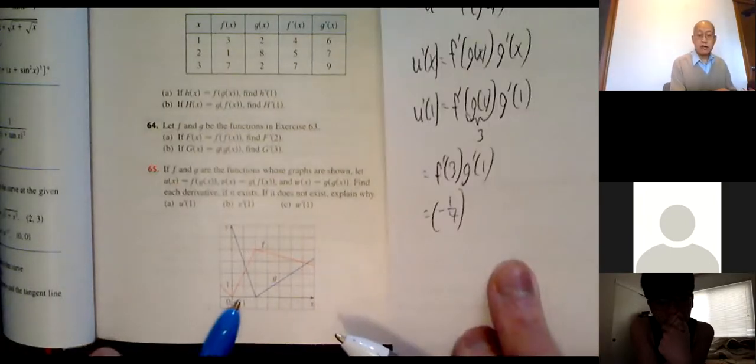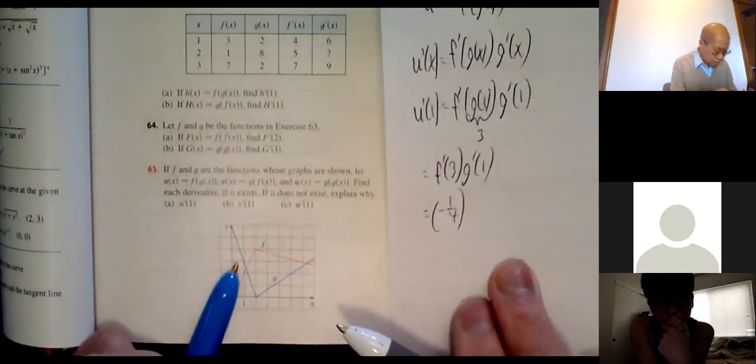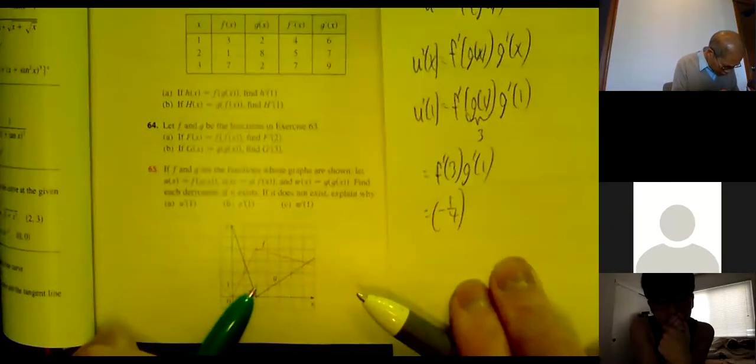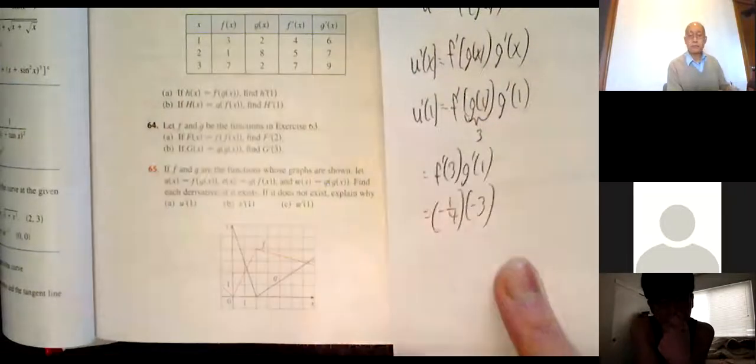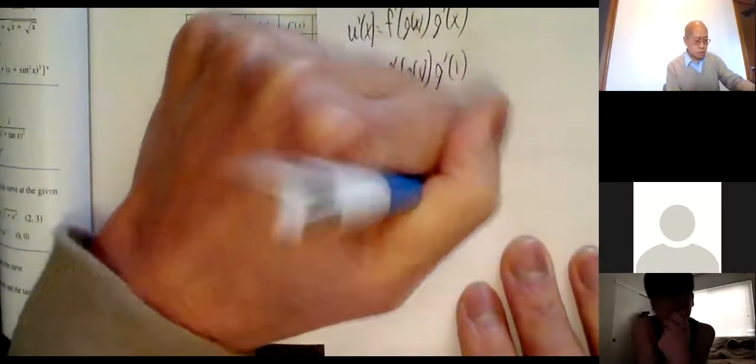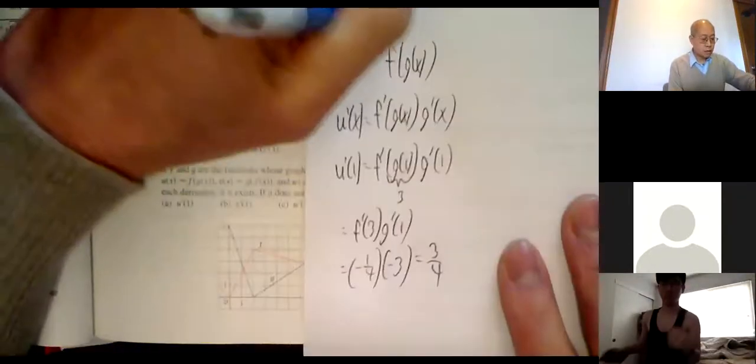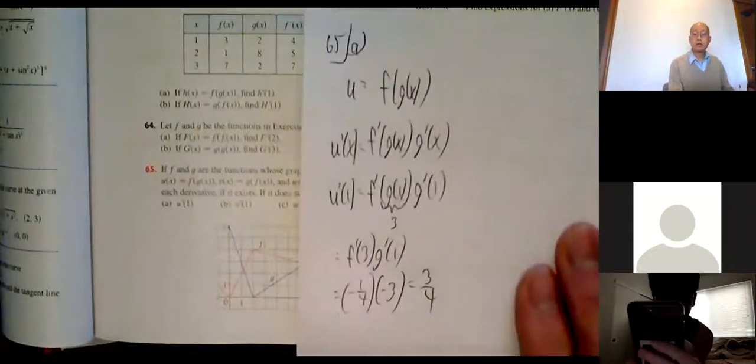So blue graph, slope at 1, right here. It's also negative. Looks like it's over 1 and down 1, 2, 3. So that's a negative 3. So that comes out to be 3/4. So the answer to 65A is 3/4.